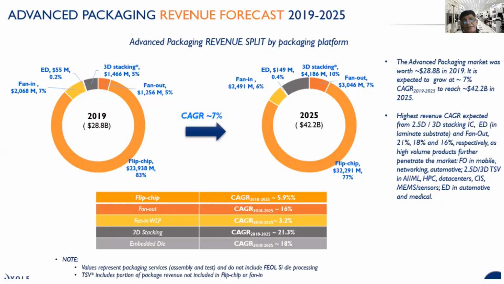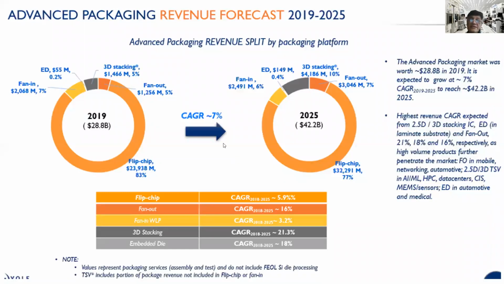Today, the size of the advanced packaging is around $28.8 billion, and it is growing, and it will cross $40 billion, somewhere between $40 to $50 billion is what it is likely to be by 2025.